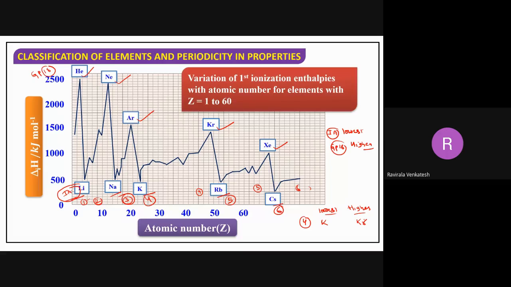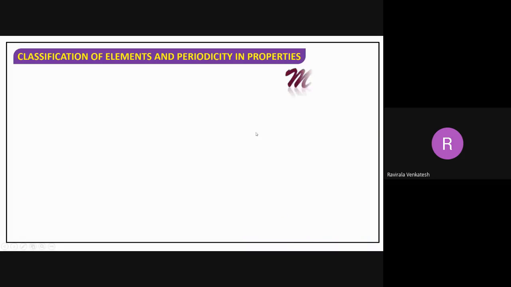Krypton. Argon is third period, no? Neon is second period, argon is third period, krypton is fourth period. So in the fourth period, lowest is potassium, highest is krypton. Remember this point: first A is lowest, group 18 is highest. Very useful for you.